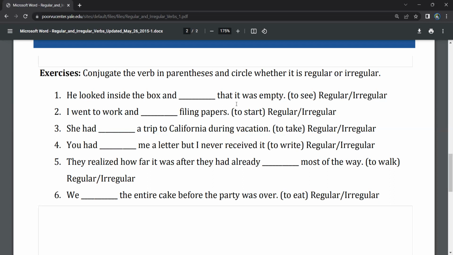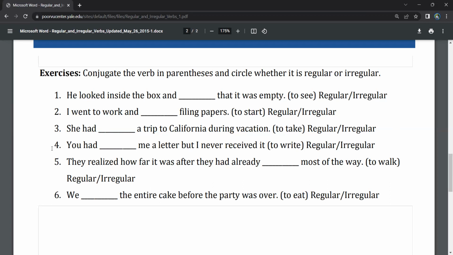What is the past participle of the verb take? It is taken. What is the past tense of take? Took. Correct. Is it a regular or irregular verb? Irregular verb.